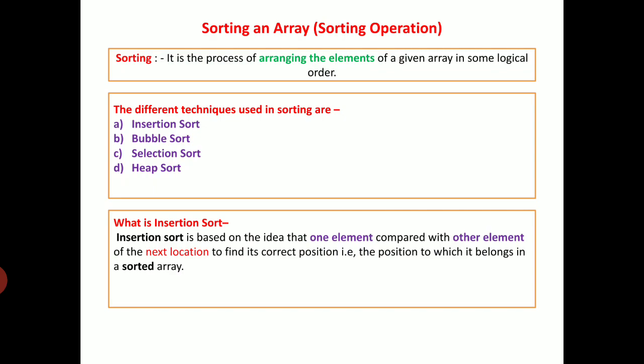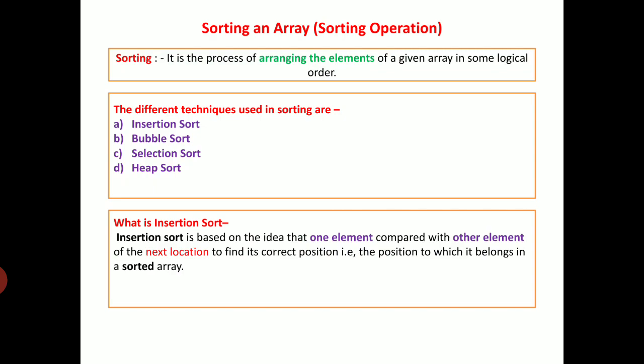Which technique are we going to concentrate on? We are going to concentrate on insertion sort. What is insertion sort? Insertion sort is based on the idea that one element is compared with the other element of the next location to find its correct position, that is the position to which it belongs in the sorted array.